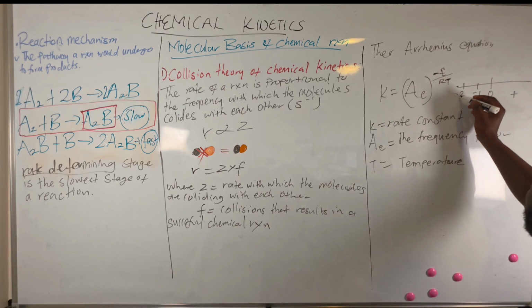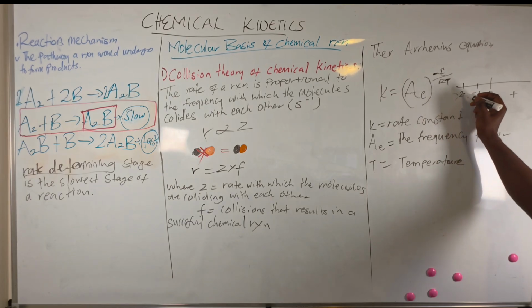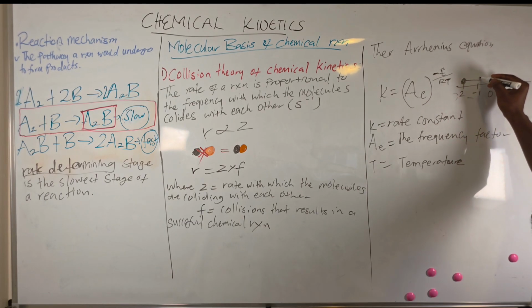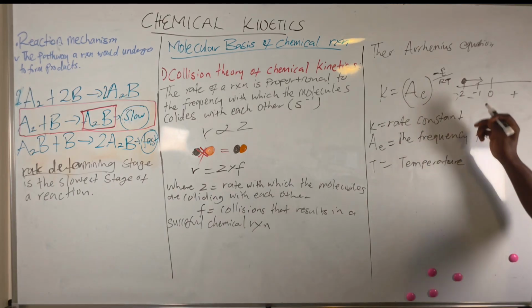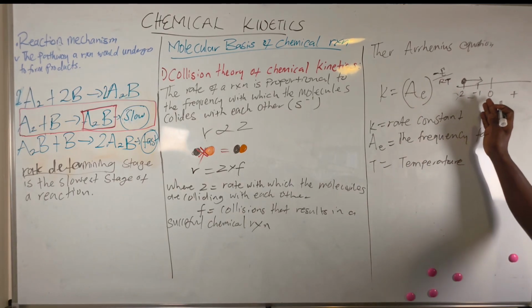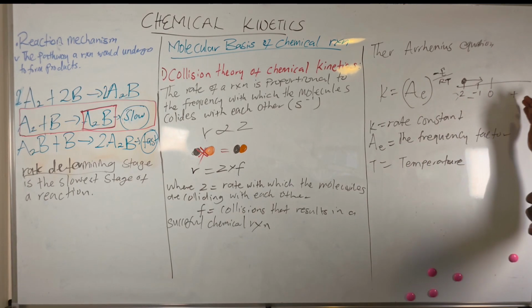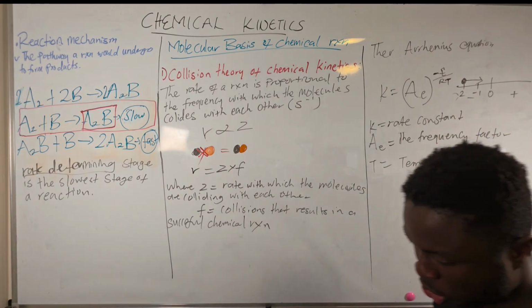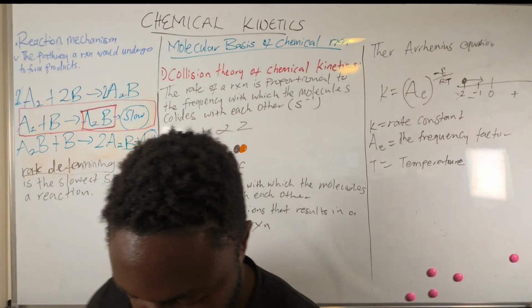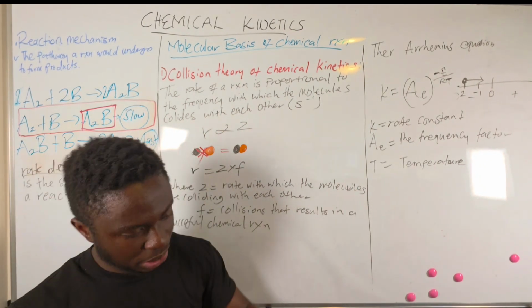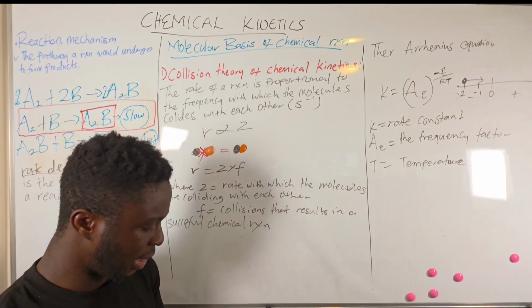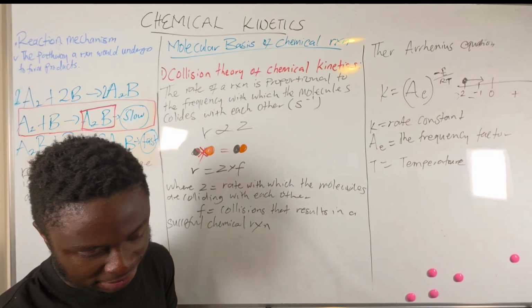Now we have moved from a more negative value, -2, to a more positive value. We are going towards more positive, and that means the value is becoming bigger and bigger. So that is the relationship that exists between the temperature and the rate constant of the reaction.